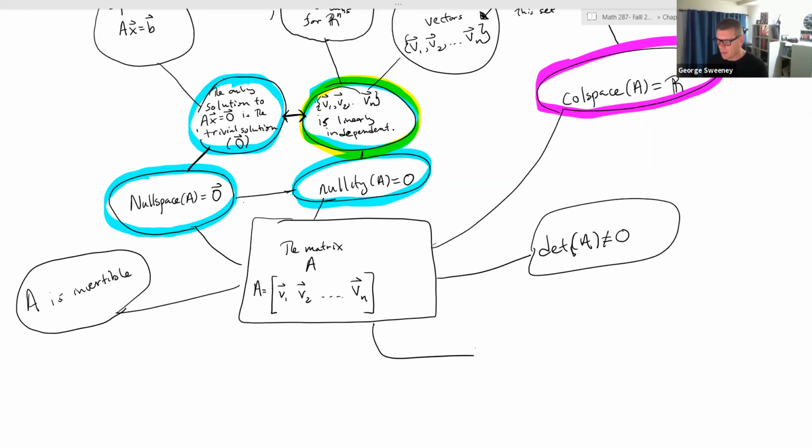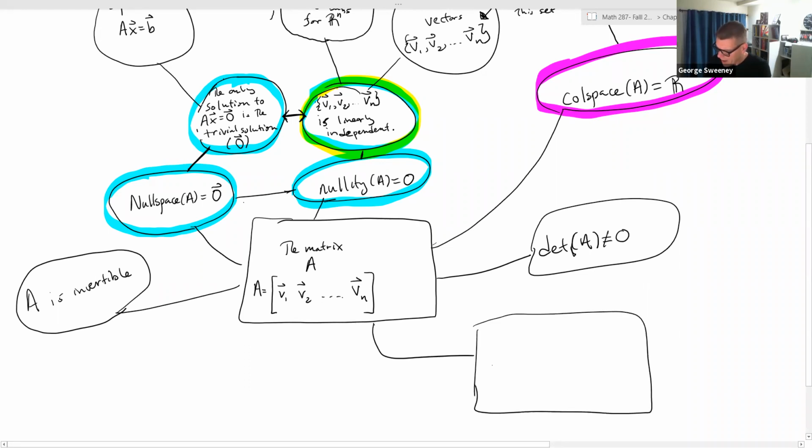Let's say we want to prove A is invertible. How do you prove A is invertible? Think about it. Yeah, okay, that's it.